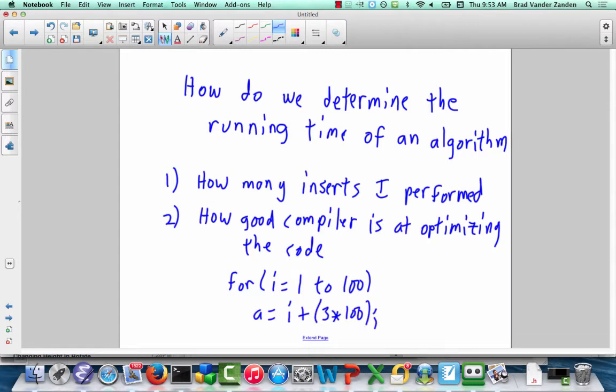This is a very simple optimization, but there's no reason to perform the 3 times 100 every time through the loop. So one very simple optimization is to, at compile time, multiply 3 by 100 and replace the a equals i plus 3 times 100 with a equals i plus 300. Now there are much more sophisticated optimizations than this. So that's another one.